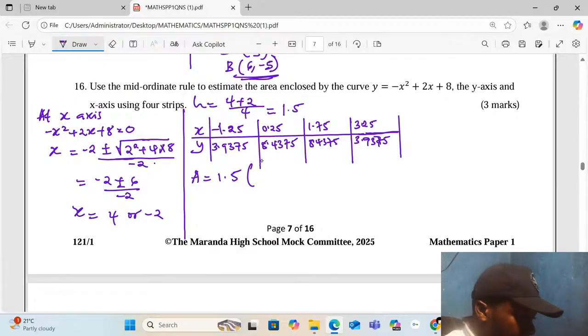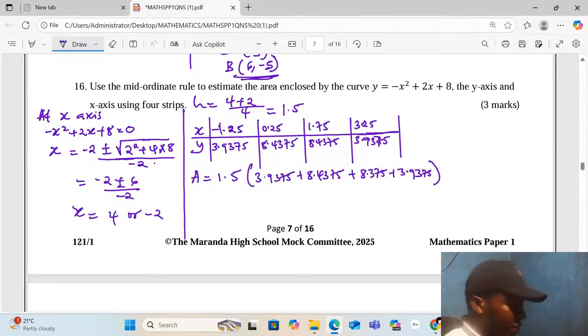So we are going to take our h as 1.5 into 3.9375 plus 8.4375, plus 8.4375, and then we add the final one, 3.9375.